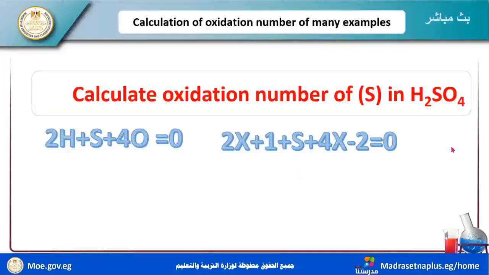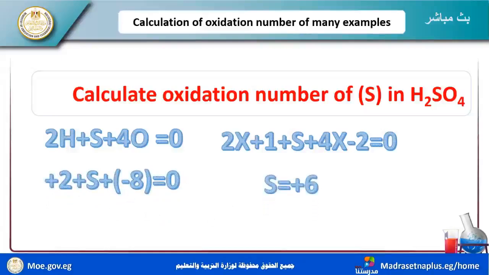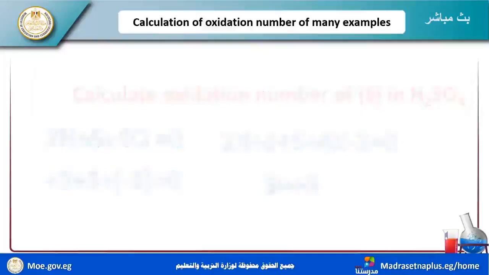This is an algebraic equation. Now 2 plus sulfur plus negative 8 equals 0. So sulfur equals positive 6. This is a calculation way to understand the oxidation number of any atom in its compounds.